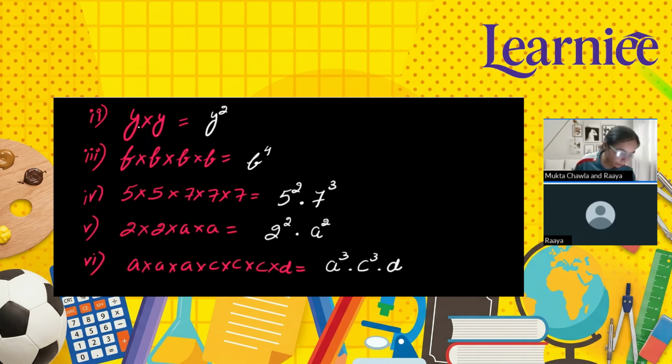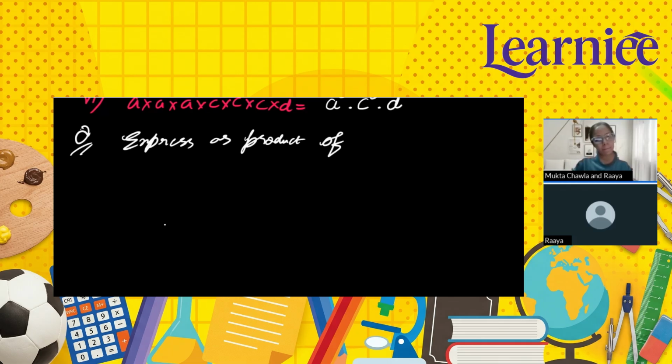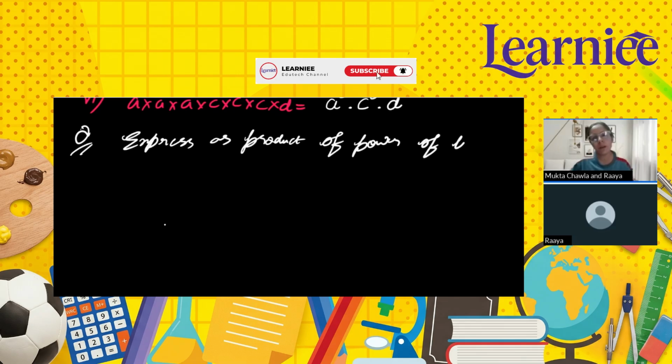Express each of the following as a product of powers of their prime factors. Have you understood? Have you got what they are asking for?